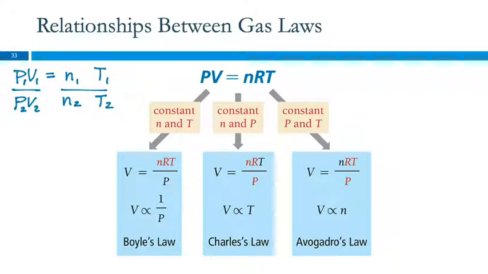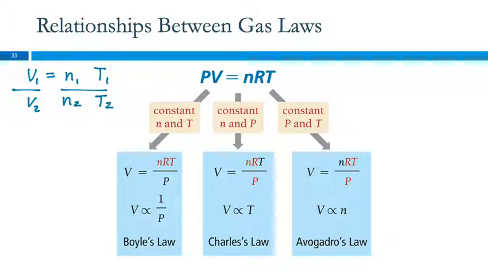So pressure 1 equals pressure 2. Do we need to know what they are? No, because they cancel out. P1 and P2, at constant pressure, those are the same. Everybody okay with that? So I'm going to erase them because that makes things look better later.